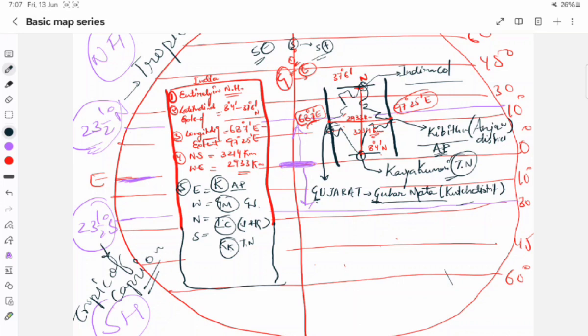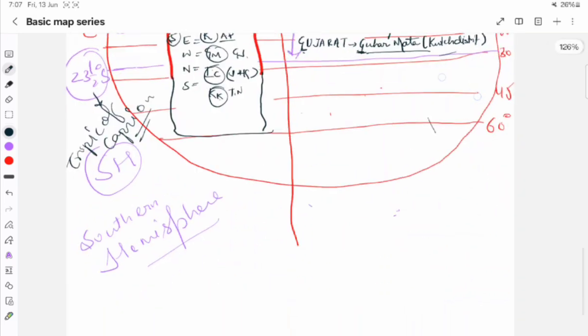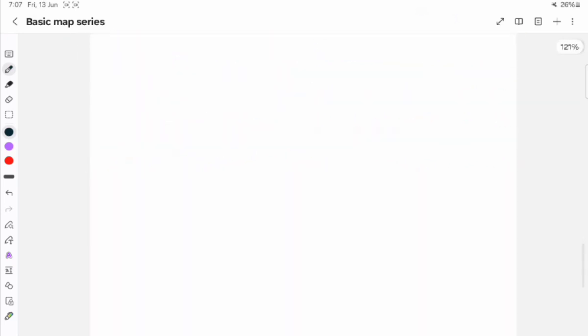This is not the time to dig deeper into the how, because we are going to have a session for our map studies. So let's just draw a map of India.